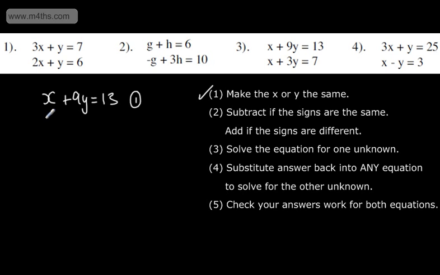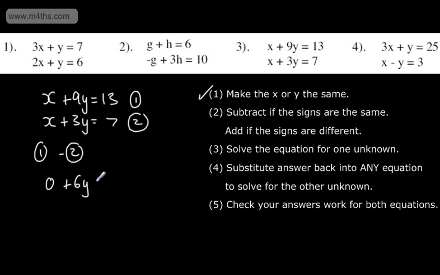And then x plus 3y is equal to 7, and that's equation 2. So I'm going to do 1 minus 2. That is going to give me 0 plus 6y is equal to 13 minus 7, which is 6. 6y is 6, so y is going to be 1.